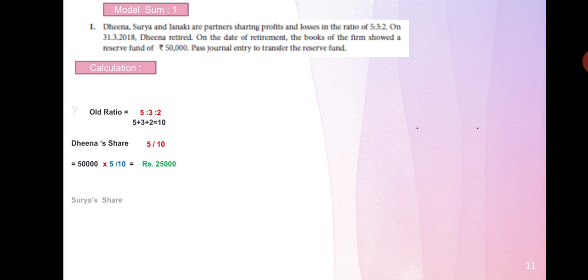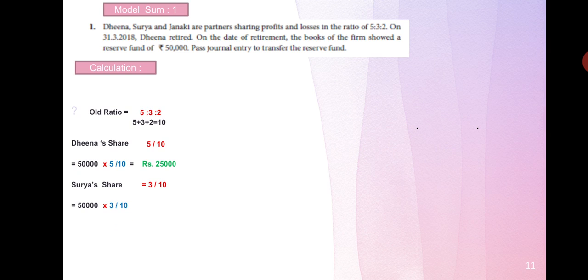Next, Surya's share. Out of 10 parts, Surya should get 3 parts. That means out of 50,000, how much should Surya receive? Surya's share is 3/10, that means 50,000 into 3/10.